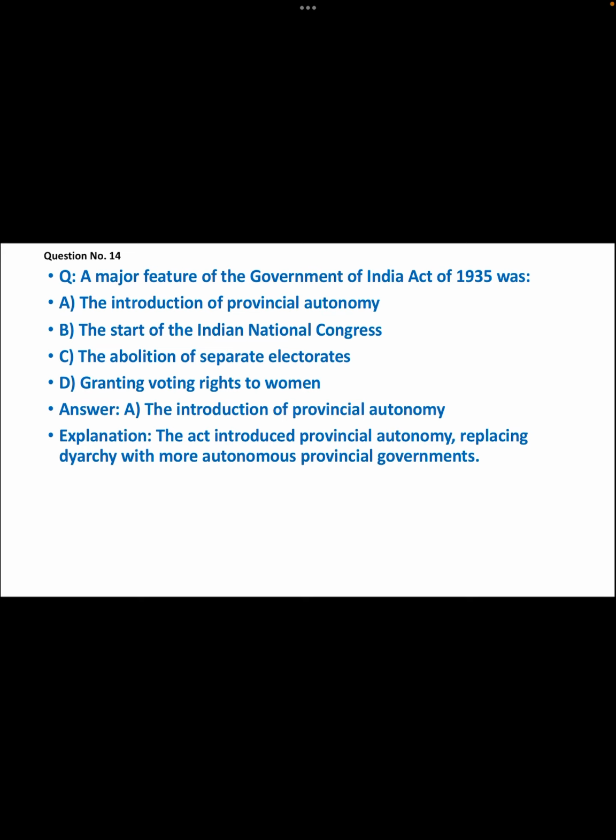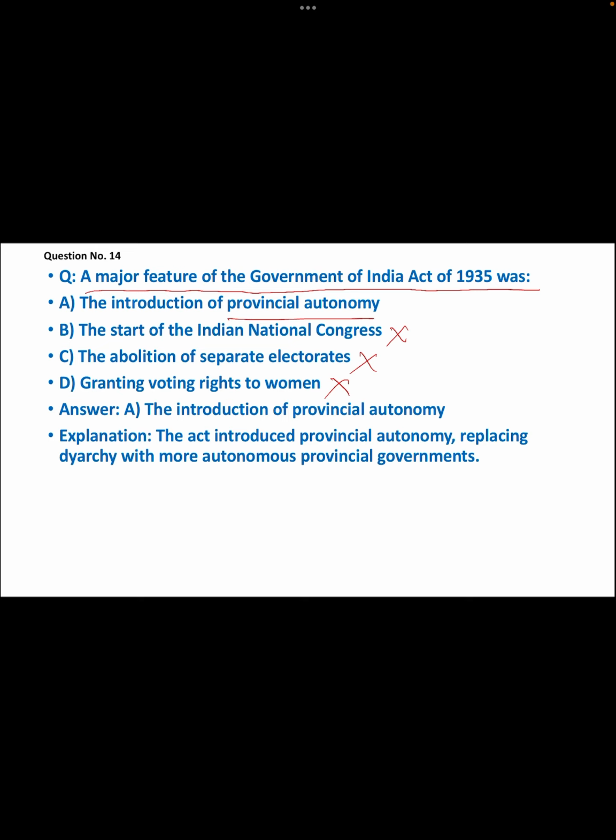The next question is, a major feature of the Government of India Act of 1935 was: A, introduction of provincial autonomy; the start of Indian National Congress; the abolition of separate electorate; granting of voting rights to women.